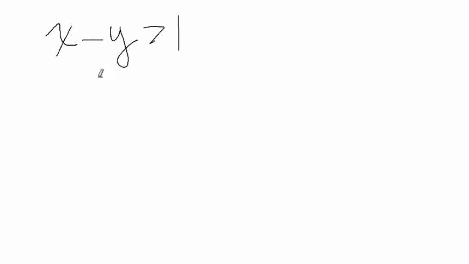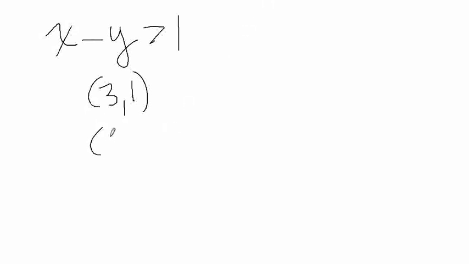So how about (3, 1)? Can you see that if x was equal to 3 and y was equal to 1, x minus y would be 2, which is greater than 1? So that pair of coordinates is a solution to this linear inequality.